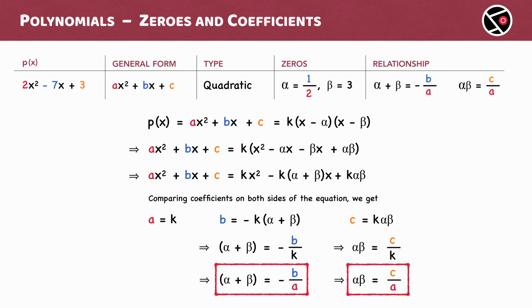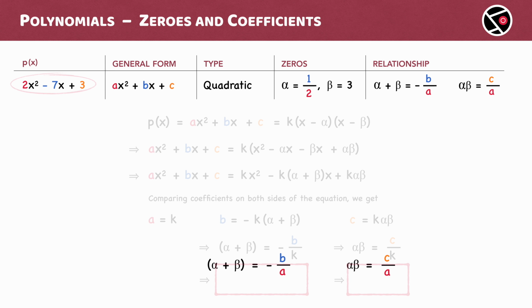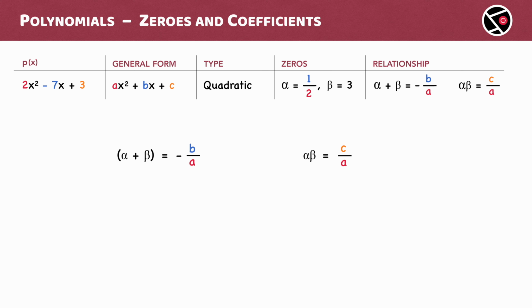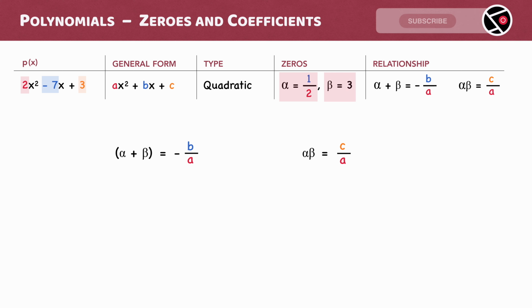Now let's verify these results using our example. The coefficients a is 2, b is minus 7, and c is 3. And the zeros are alpha 1 over 2 and beta 3. Now starting with the sum of zeros.